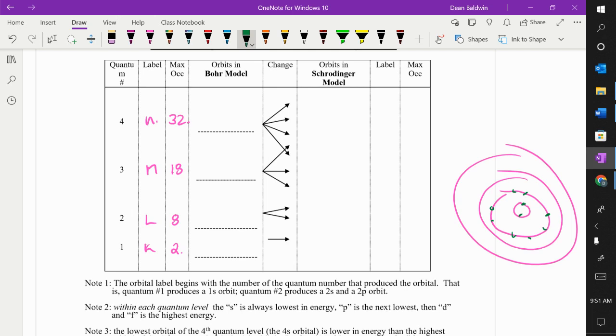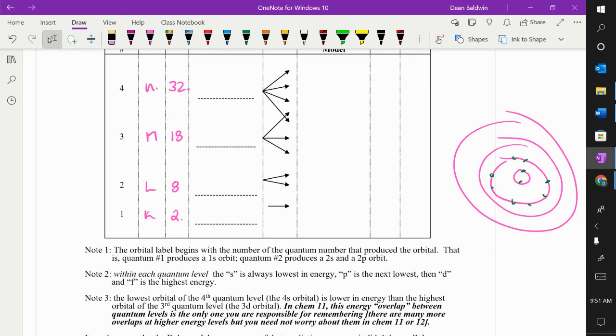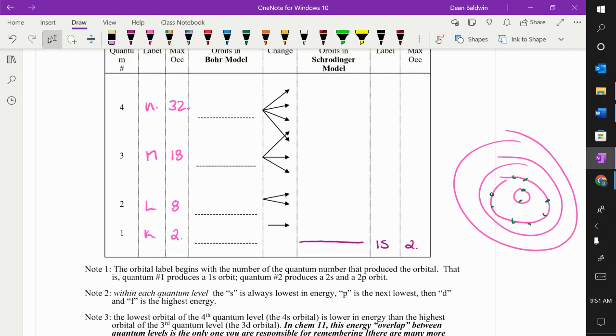So at the bottom here, you have the 1s orbital, and it holds 2 electrons. Max occupancy is the number of electrons it can hold.